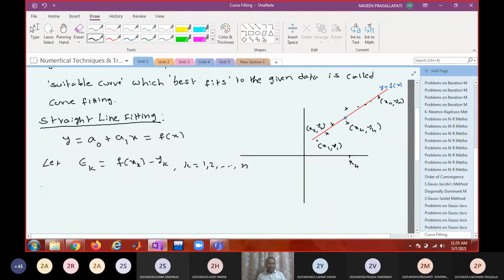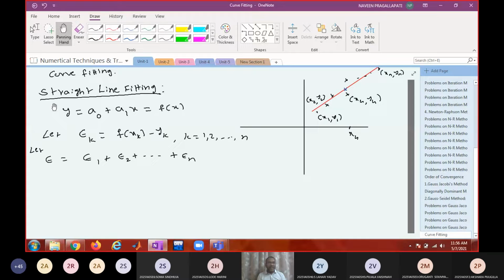So assume that the total error is epsilon equal to epsilon 1 plus epsilon 2 plus, and so on, plus epsilon n. Okay, so if you can minimize this epsilon, then that means the curve may be closer to the given data points. But there is a problem here.